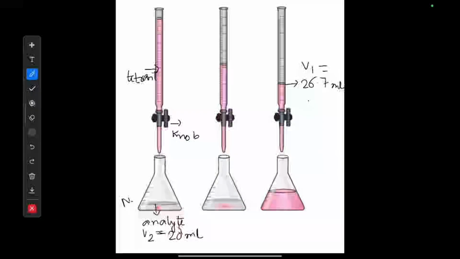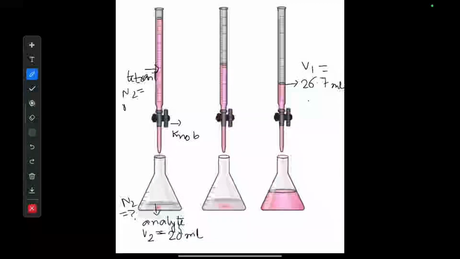N2 or M2 is not known to us; we have to find that out. And the long pipe-like structure on the stand is called the burette. In the burette, we take the titrant whose normality or molarity is known to us.